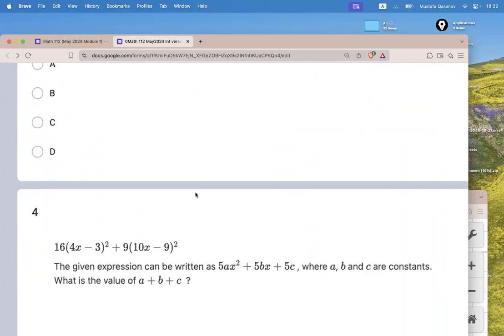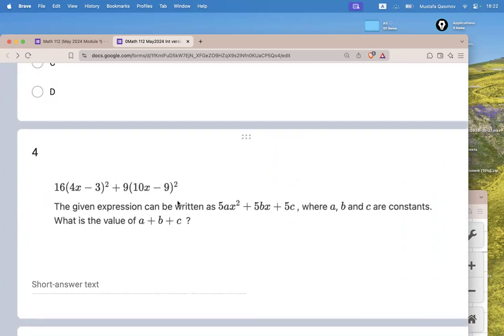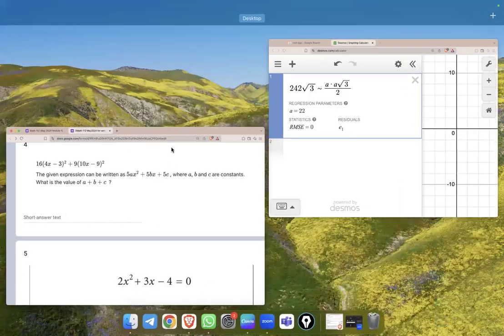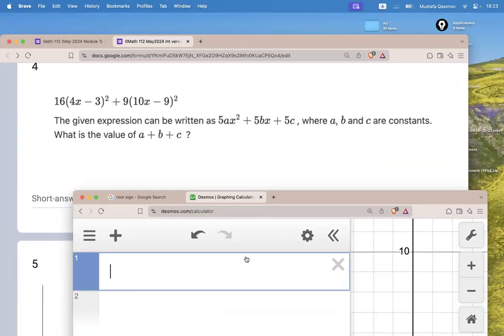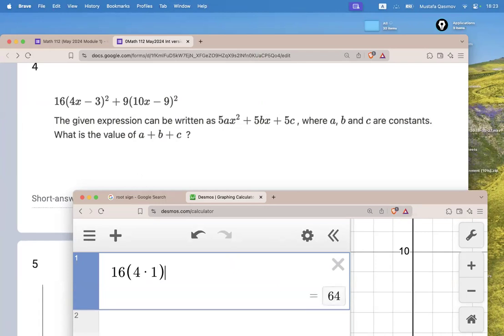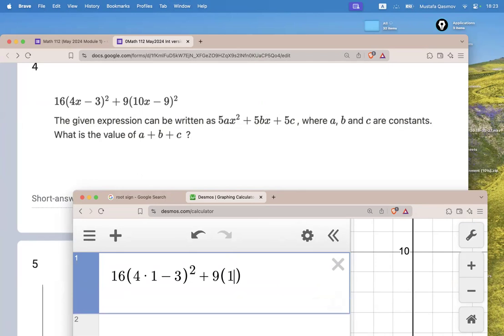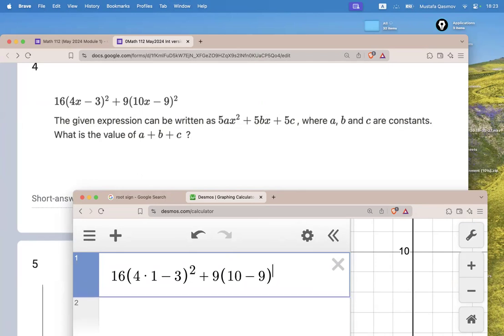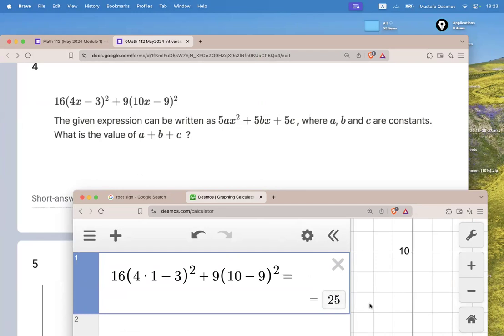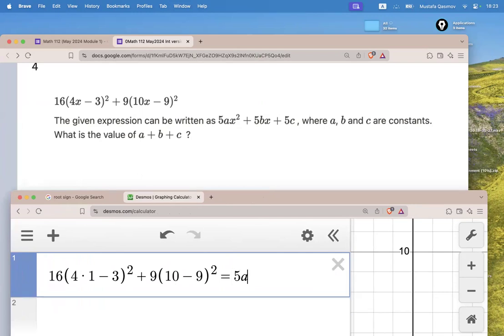Let's continue. Number 4. When it asks about A plus B plus C, you have to write a value instead of x1. Let's write 1. 16 multiplied by (4 multiplied by 1 minus 3) squared, plus 9 multiplied by (10 minus 9) squared, is equal to 5a multiplied by 1 squared plus 5b multiplied by 1 plus 5c.